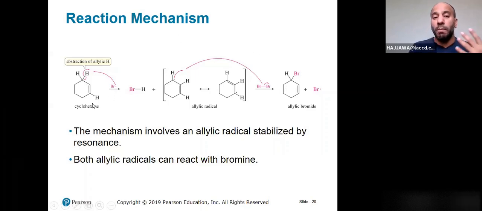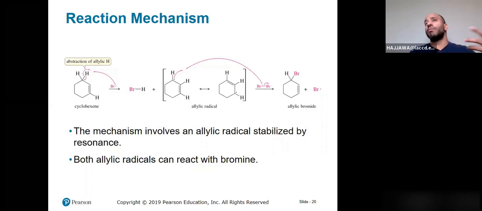If I were using straight Br2 without using NBS, I may end up having two sites being brominated. I may end up having a dibromo carbon instead of a monobromo carbon. So that's where the selectivity becomes important. So N-bromosuccinimide is the method of choice when it comes to allylic bromination.